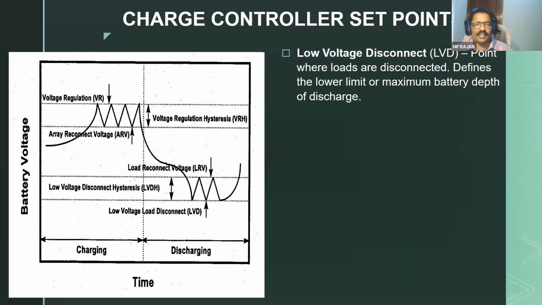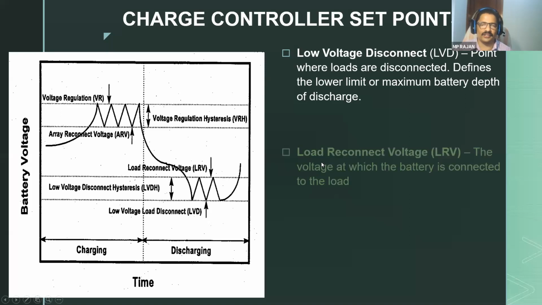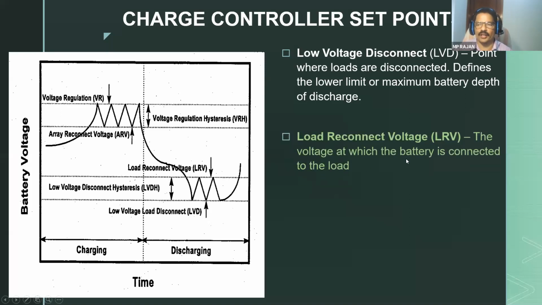When it is getting certain voltage, मान लीजिए 11 वोल्ट या 12 वोल्ट, 12 वोल्ट में आपका बैटरी फिर लोड में कनेक्ट होगा. So this voltage is called load reconnect voltage, LRV. So here this is the point up to which the charge controller is allowing the battery to charge, VR.